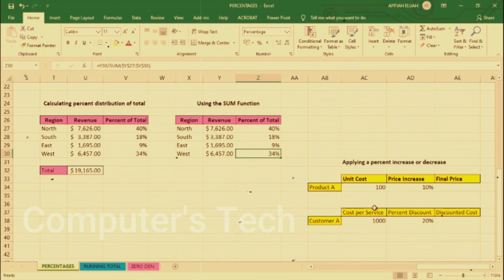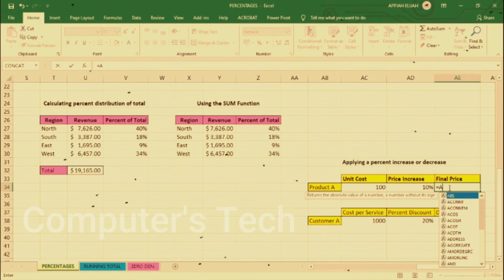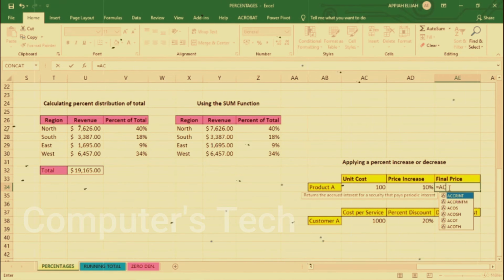And so in this particular cell, which is AE34, we have to type in the formula, and I will explain as we do that. So our formula is going to be AC34, which is this one, AC34.